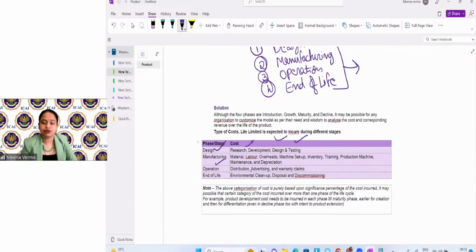In the manufacturing stage, we incur material cost, labor cost, overhead cost, machine setup cost, inventory cost, training to labor, production machine cost, maintenance cost, depreciation. These are the costs which we incur during production. Operation means we incur distribution cost, advertisement, marketing cost, warranty claim cost. End of life is when you want to dispose of the product, so environmental cleanup cost, disposal cost, decommissioning cost. These are the costs which we incur over the life of the product.